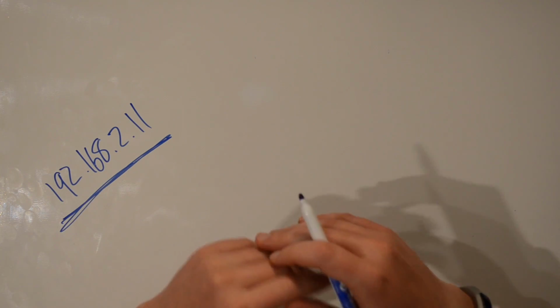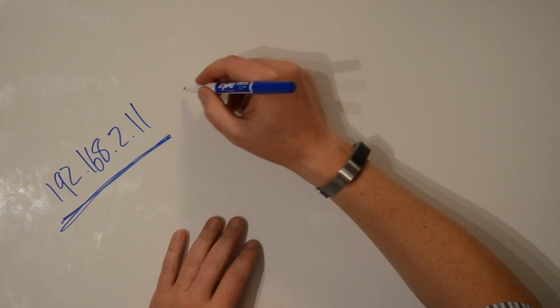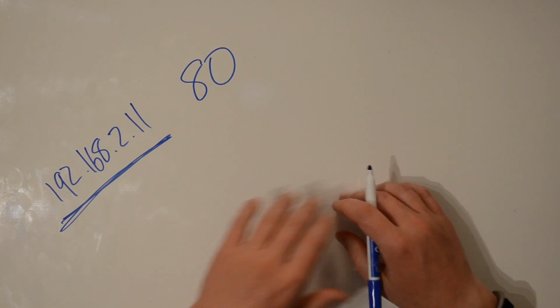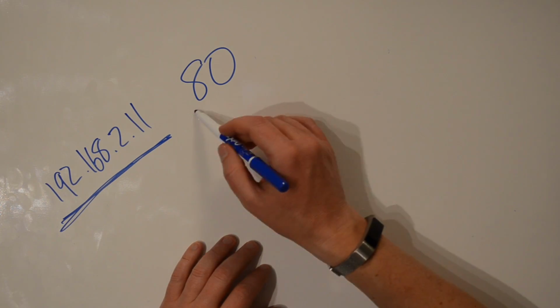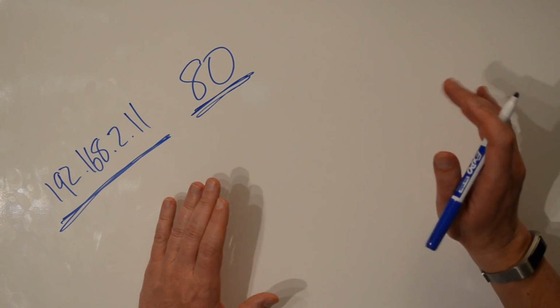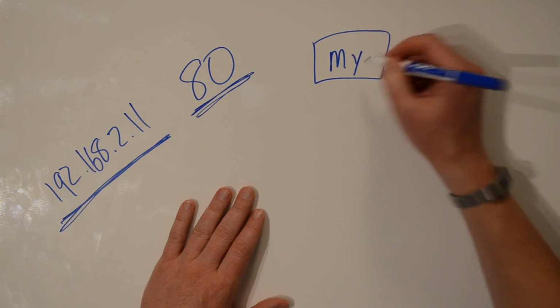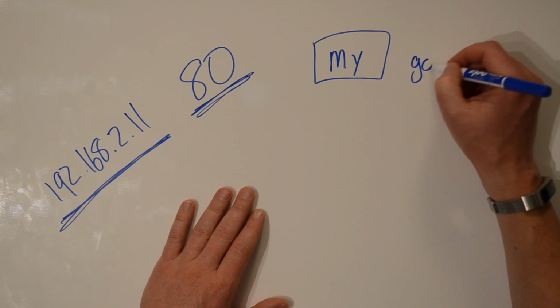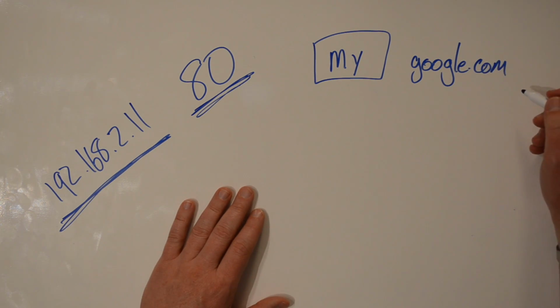On the internet, the standards have decided that the default port is 80. For non-encrypted web traffic, web servers listen on port 80. Okay, so let's run through this process one more time. Me, on my computer, I want to go to google.com and search for something.